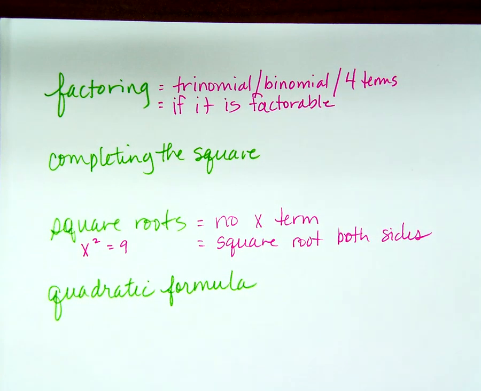If we recognize that it's the difference of squares, or the difference of cubes, or the sum of cubes, or if we recognize that there's something that multiplies to be the last and adds to be the middle, right? Or if we see that there's 4 terms, and if I factor something out of the first 2 and then the second 2, I'd still get a common factor of those parentheses. That's when I would factor it, if it's factorable.